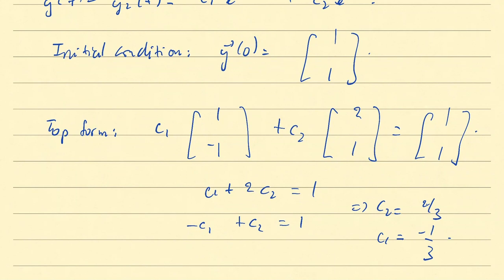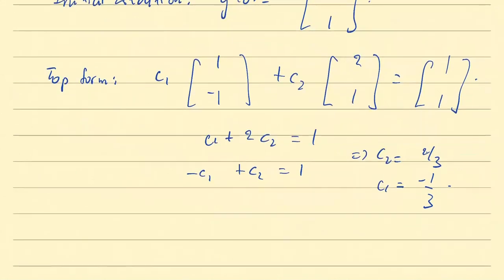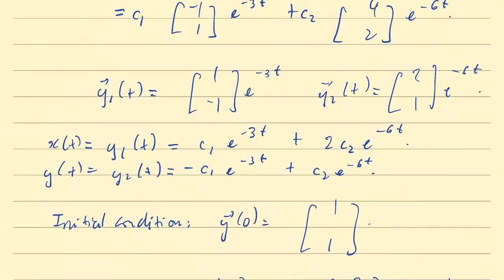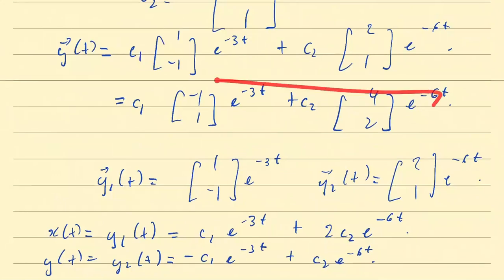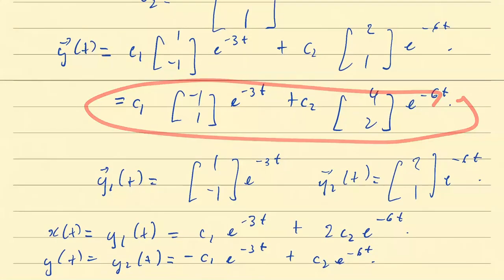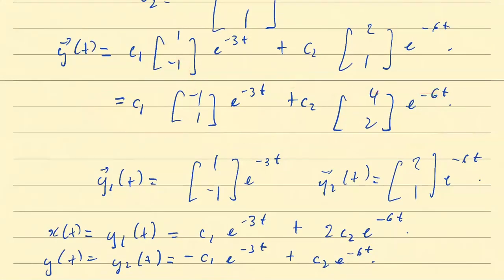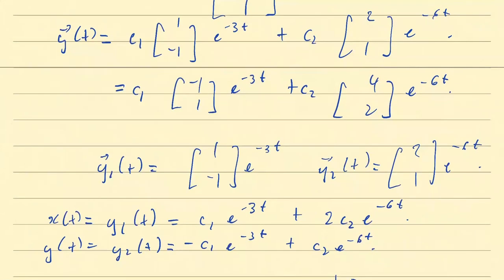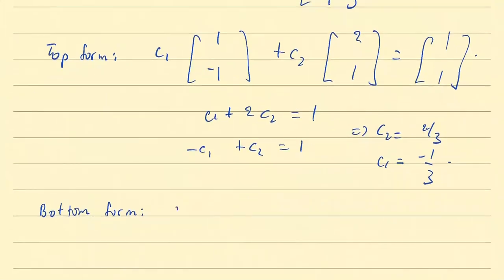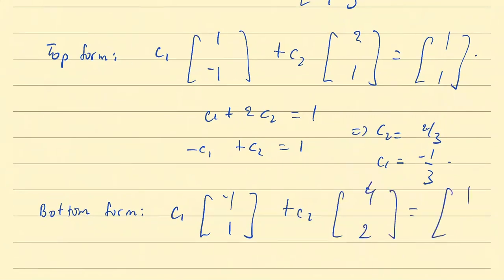Okay. If I were to use the bottom form, again, the bottom form is just you choose a different eigenvector. Then it's going to be C1 times (-1, 1) plus C2 times (4, 2) is (1, 1).